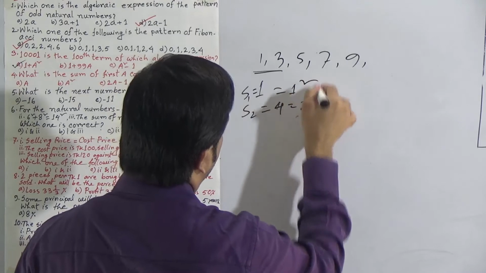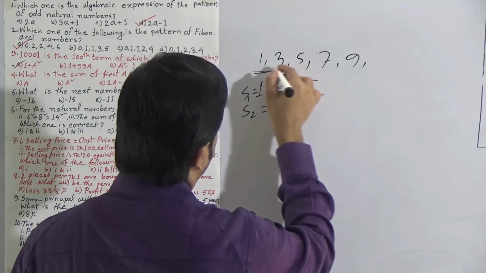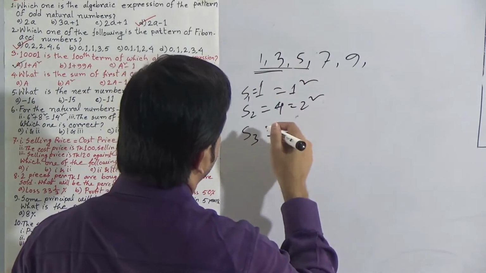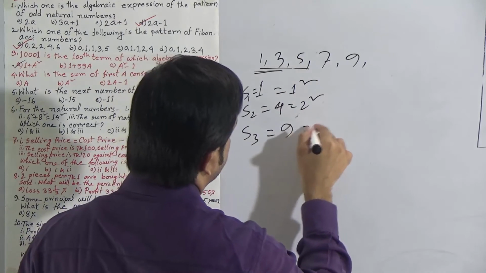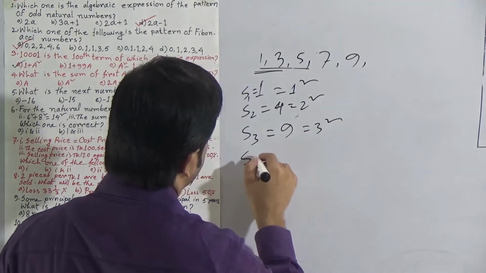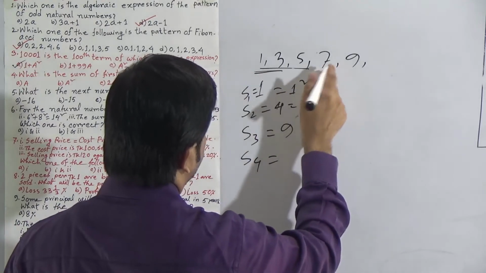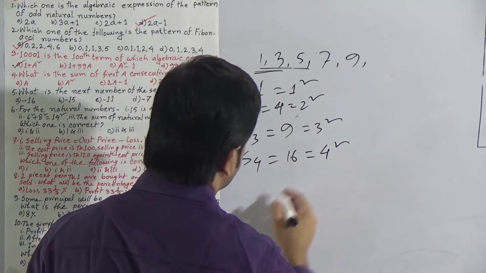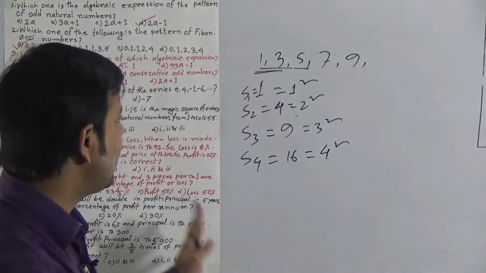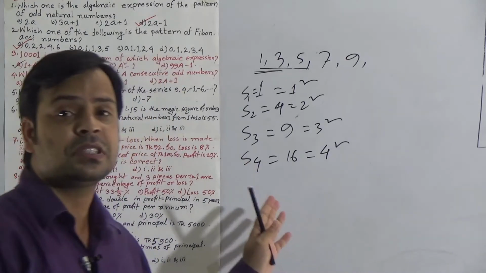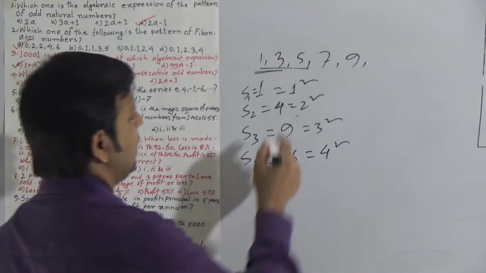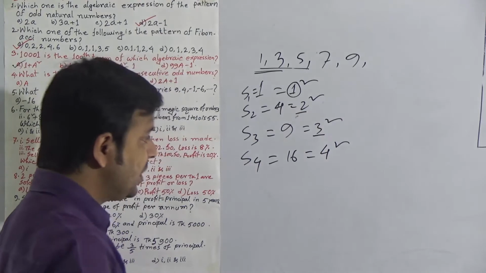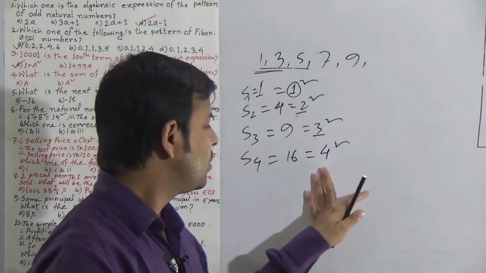We can write 1 as 1 square. If we consider the first 3, the sum is 1, 4, 9. It means 3 square. Now consider 4: add the first 4 numbers and you will get 16, that is 4 square. Dear students, notice the characteristic of the sum of consecutive odd numbers: for the first number it is 1 square, for the second 2 square, for the third 3 square, for the fourth 4 square.